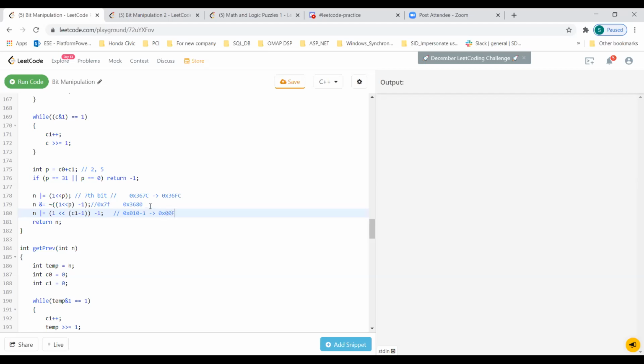Then if I OR this with this number, I'll be getting the number like this: 0x368f. So this will be my final output. And if I count the number of ones here and the ones in the original, they should be the same.